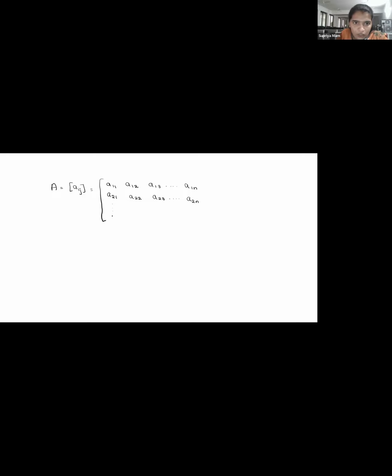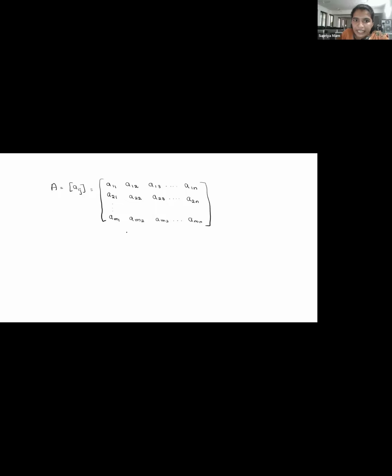And so on. If I want to identify the mth row entry, am1. First suffix indicates mth row, whereas the second indicates first column. am2. m indicates mth row, 2 indicates second column. am3, etc. amn.